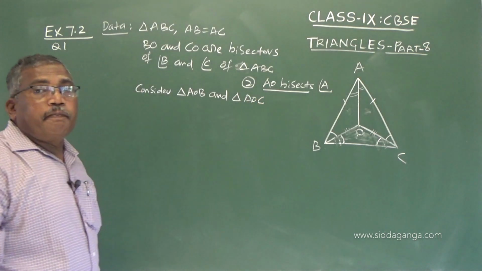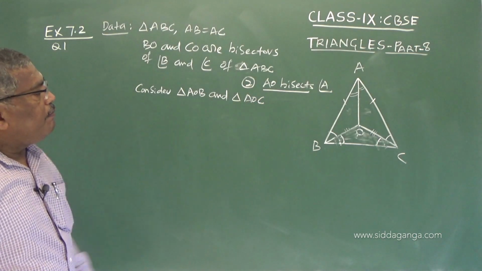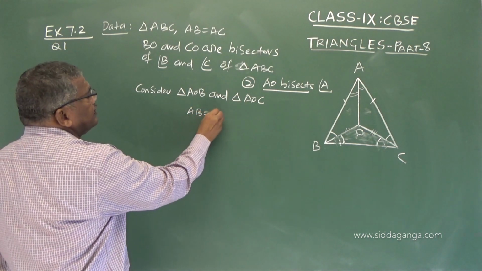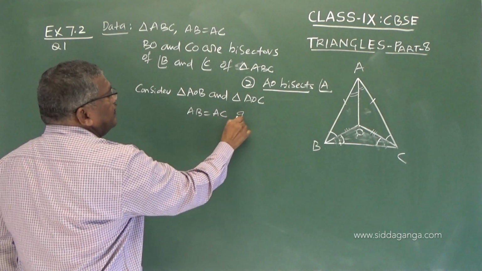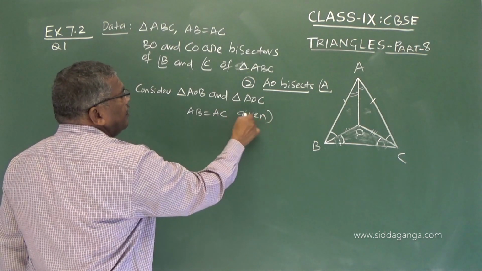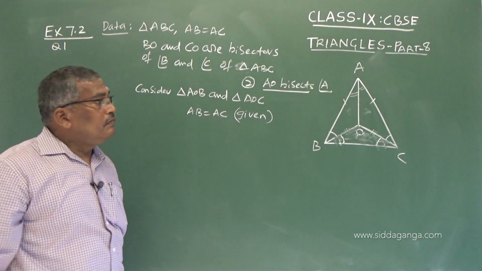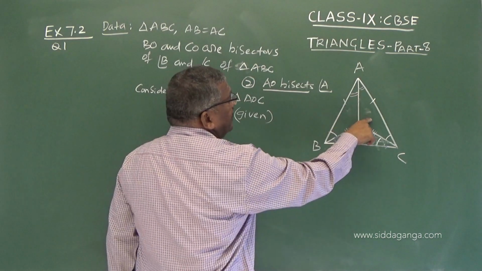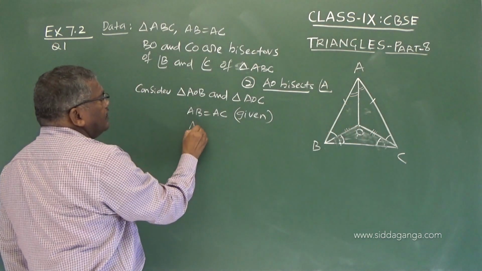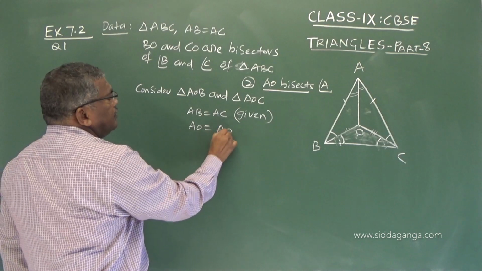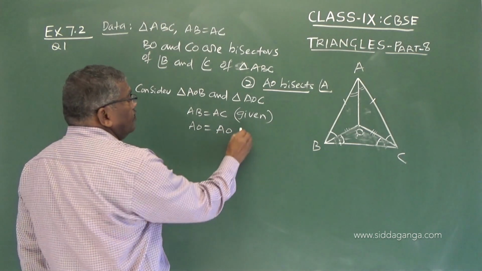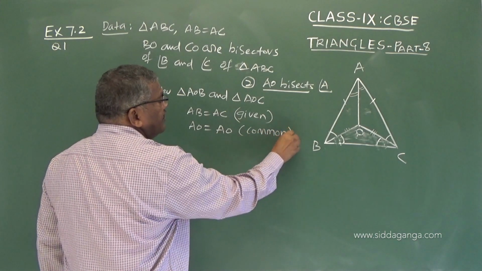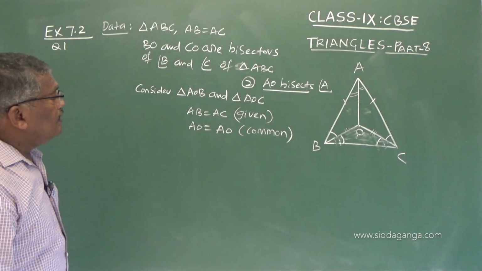So in these two triangles, if you compare, AB equals AC, it is given. Now, AO equals AO, AO is there in these two triangles, it is common side.